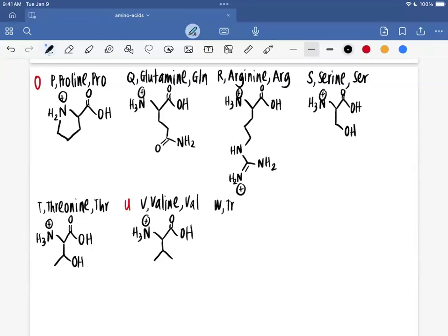W is for tryptophan, one of our aromatic amino acids, and has three-letter code TRP. Starting off with the backbone, we have the alpha carbon, beta carbon, and at gamma, we're going to see a ring structure begin.